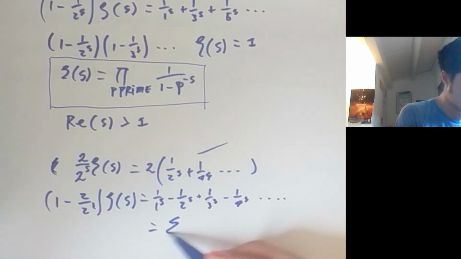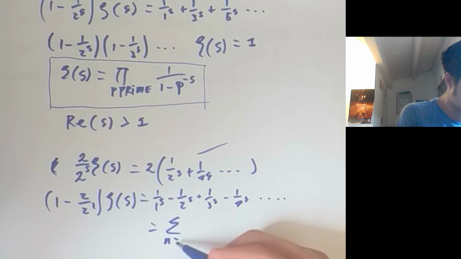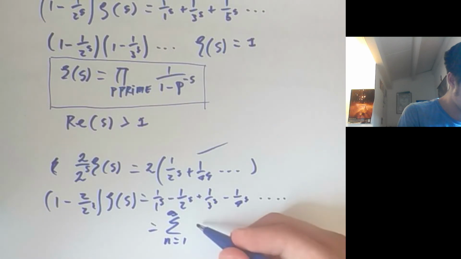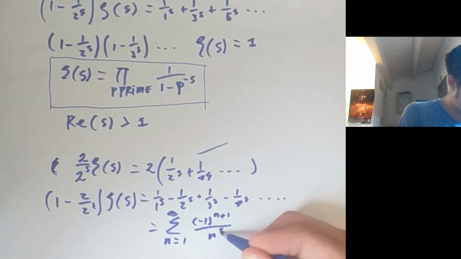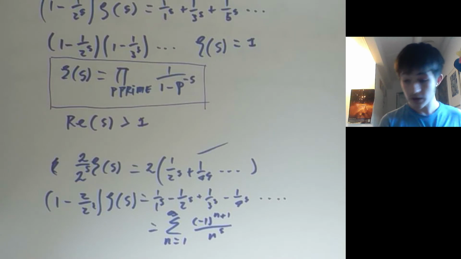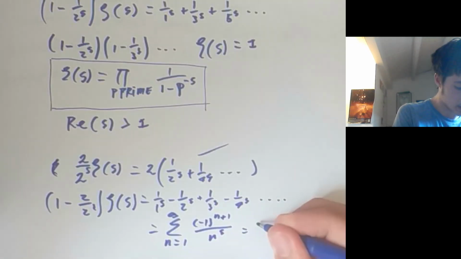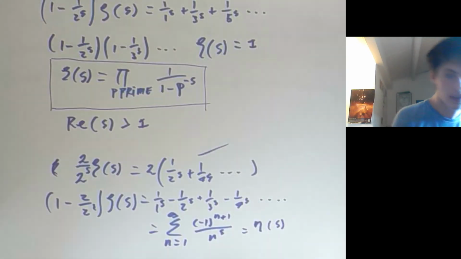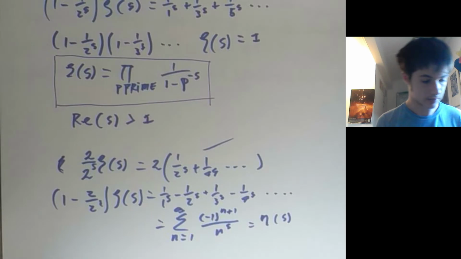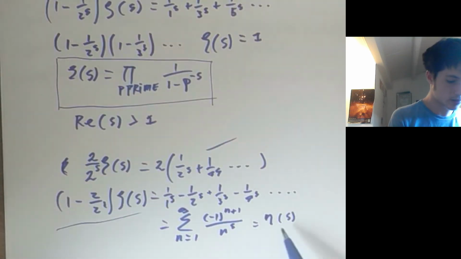We could give an explicit formula for each term: the sum from n equals 1 to infinity of -1 to the n plus 1 all over n to the s. This is called the eta function, denoted by eta of s, and by this relation we're having that now.